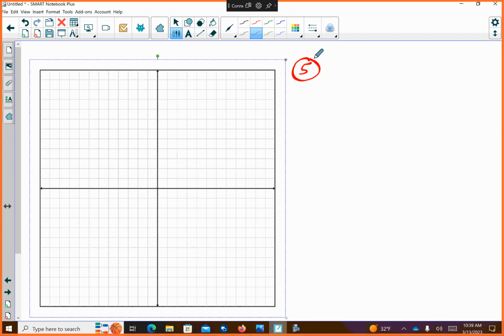All right, number 5. What's this one set up to do? What do we know because of this one? Do we know roots? We know vertex. Set up in vertex form. What's the x value of my vertex? 1.